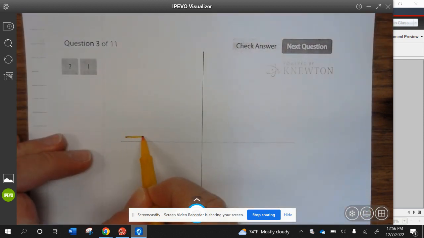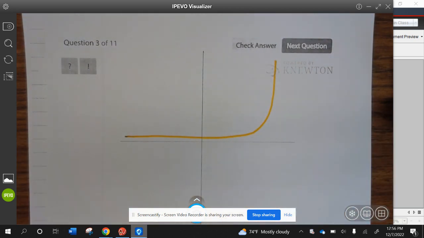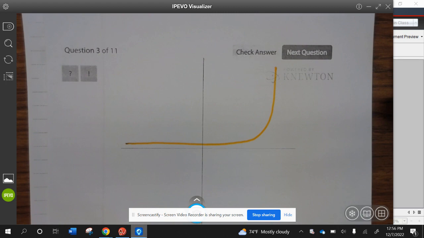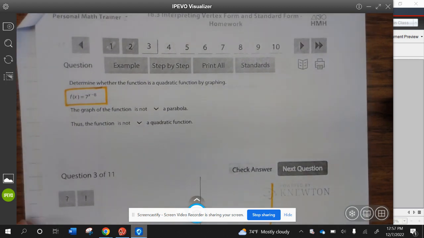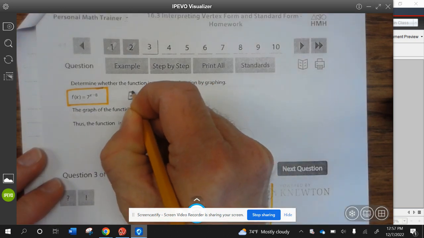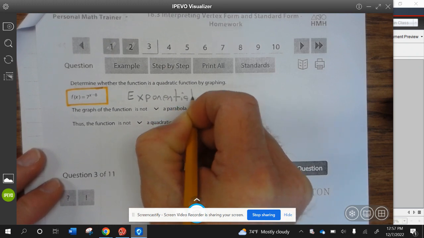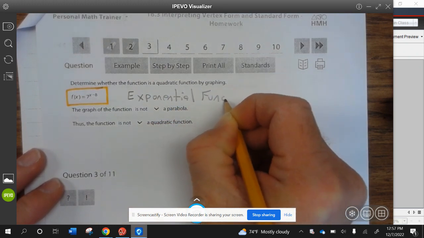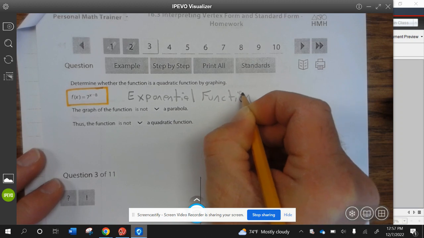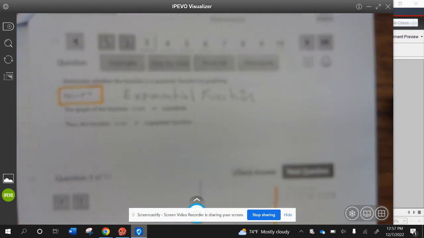So our graph looks like this. The graph of the function is not a parabola, thus the function is not a quadratic function. In fact, this is an exponential function.